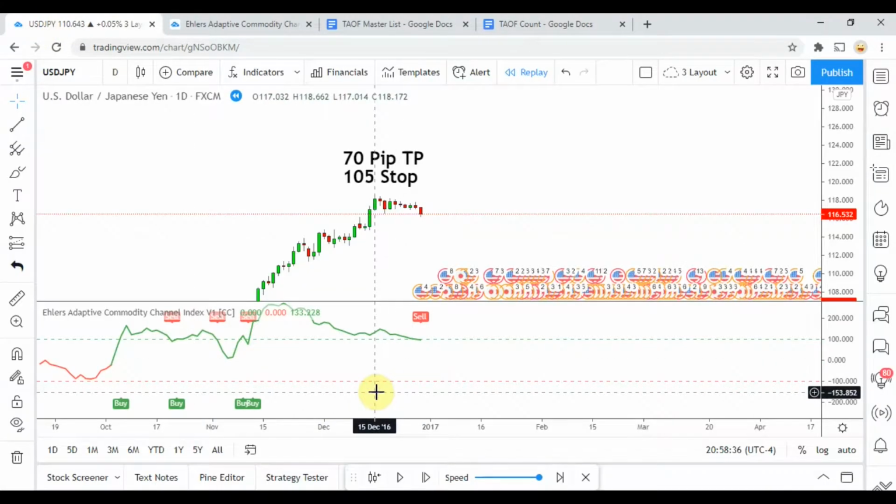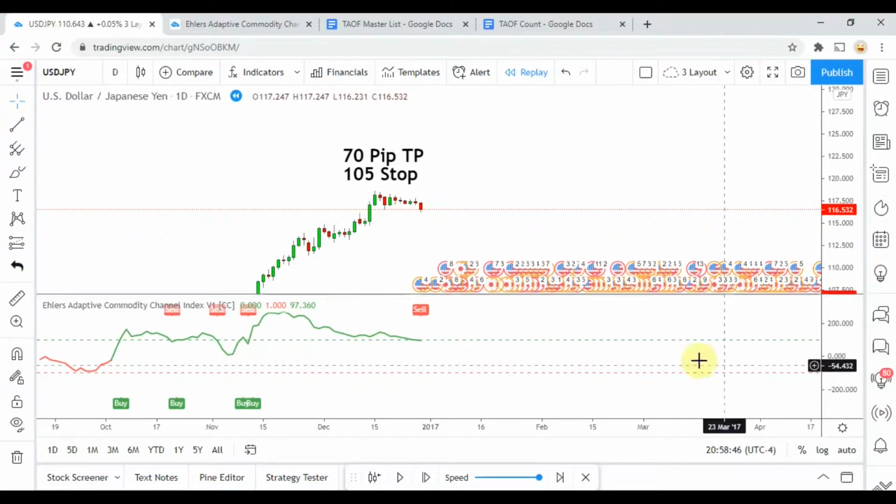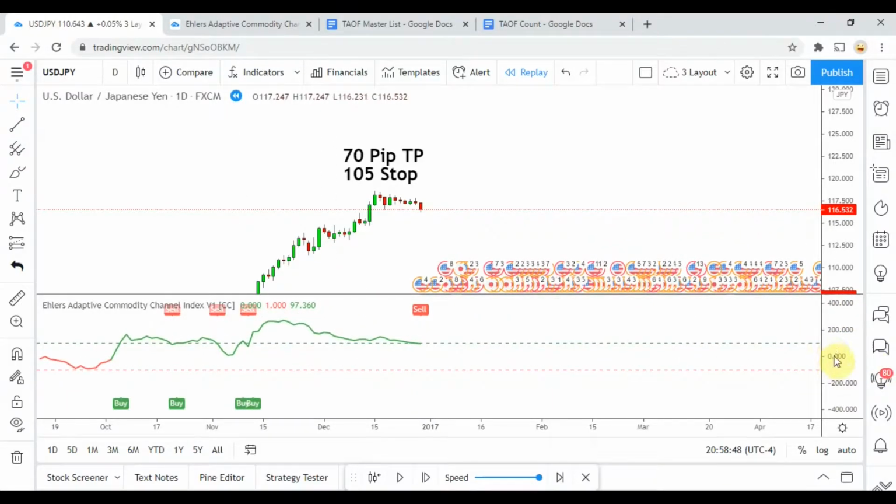Okay, so today's indicator is Ehlers Adaptive Commodity Channel Index. Man, that's a mouthful. Okay, so you can see it here on the bottom of the screen. And so basically what we have is an oscillating line. And we have two areas.